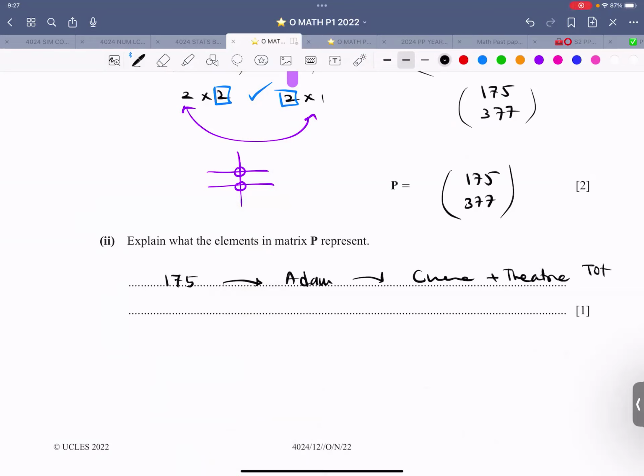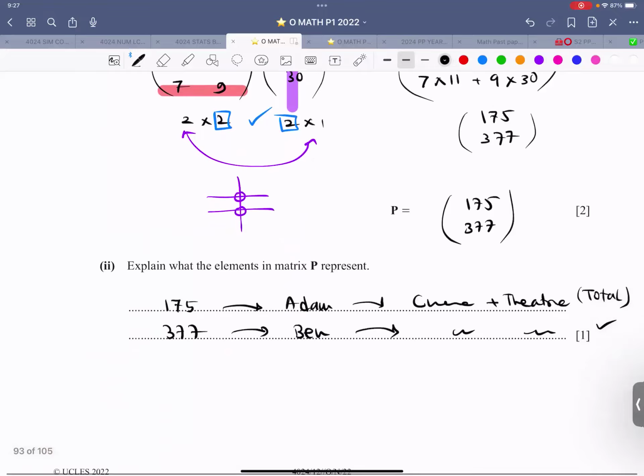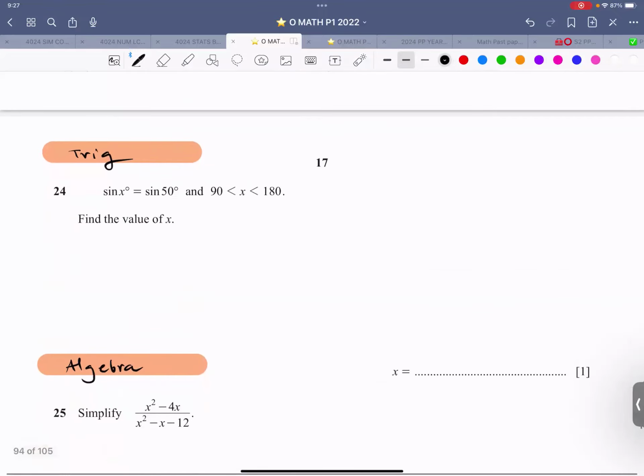The total expense that he made. And similarly, 377, this is how much Ben spent on cinema and theater in total. So that is what we are getting. So each person's expenditure is given separately.